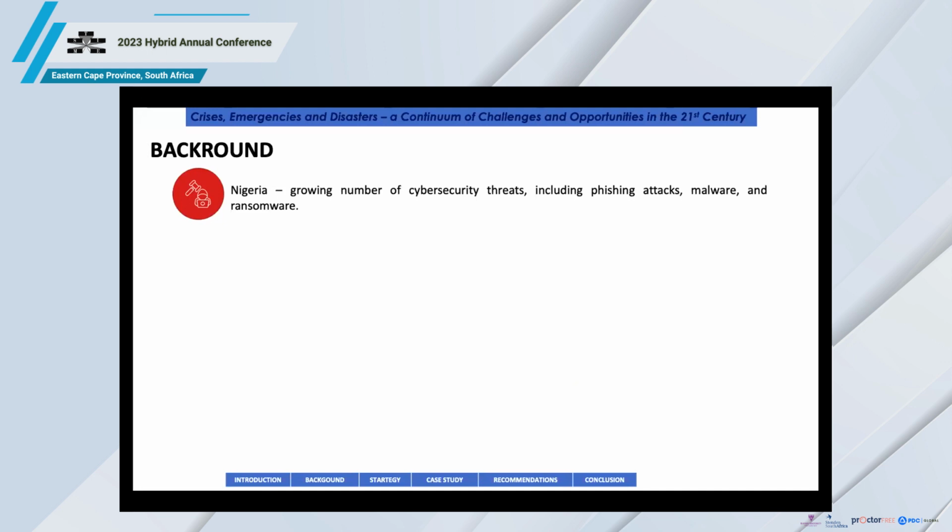So some background on some of the points that we have used. The growing number of cyber threats, ranging from the phishing attacks that have been happening, injection of malware into our financial systems, ransomware on the rise, especially in the healthcare sector, in terms of the data that has been held ransom.